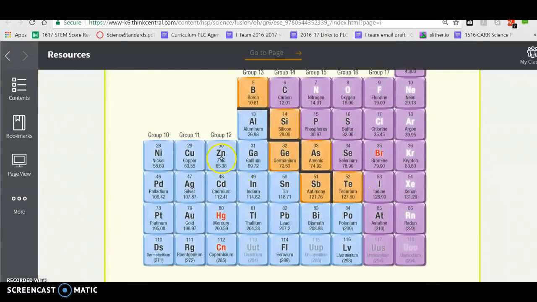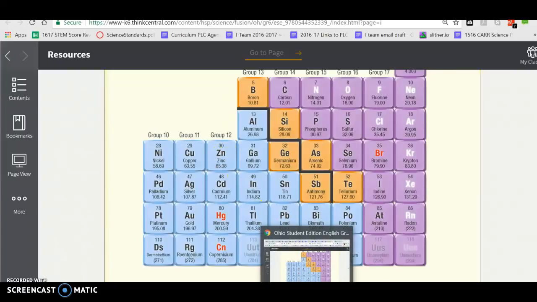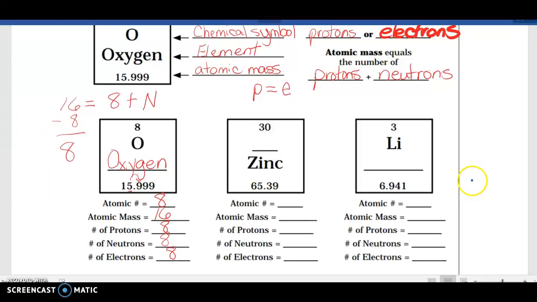And here's zinc. All right, so we're missing the symbol Zn. So I'm going to come back over here. All right, and we're missing, remember it's a capital Z and a lowercase n. All right, now the atomic number is, good, if you said 30, that's the nice whole number at the top.